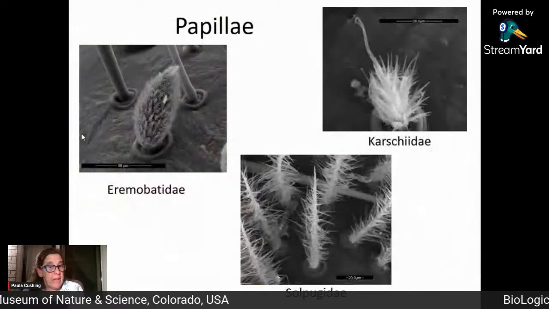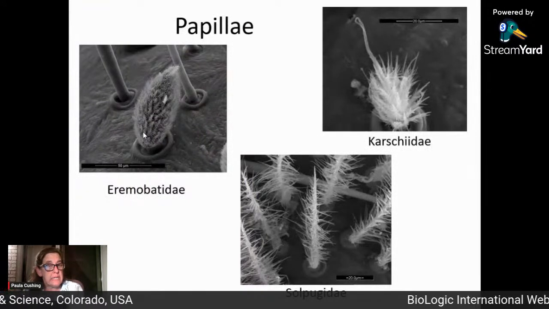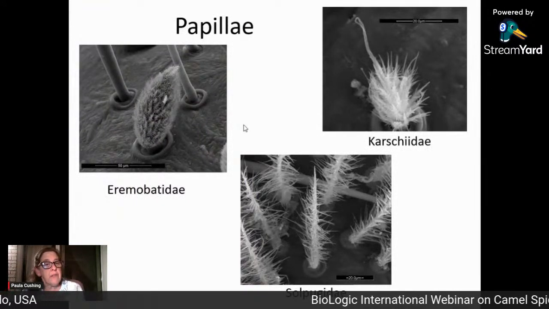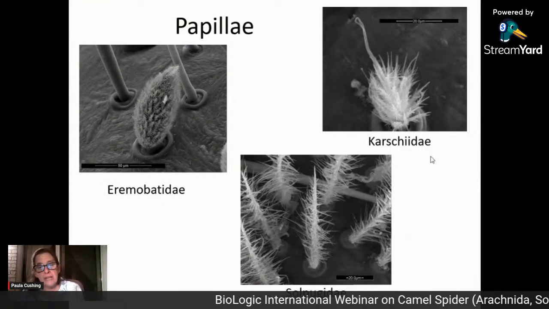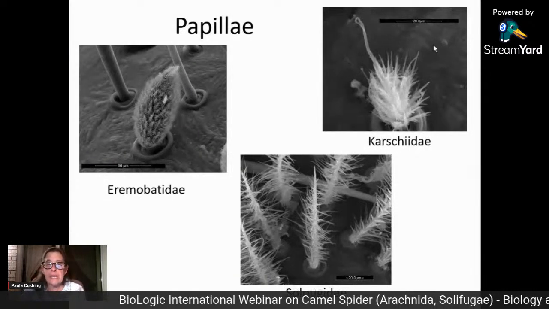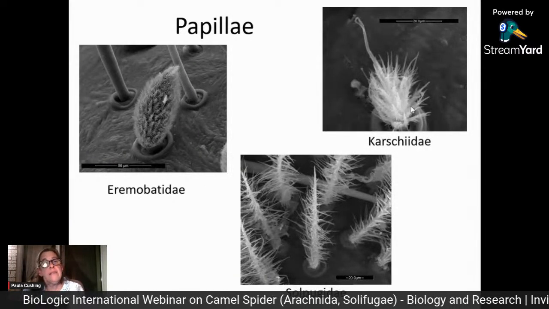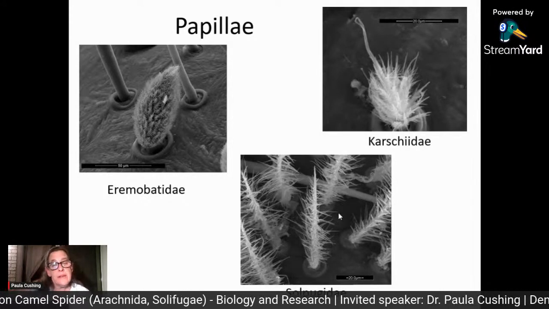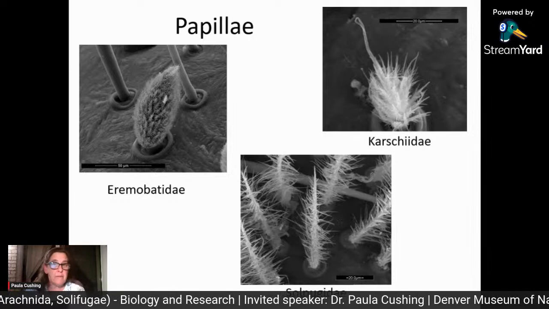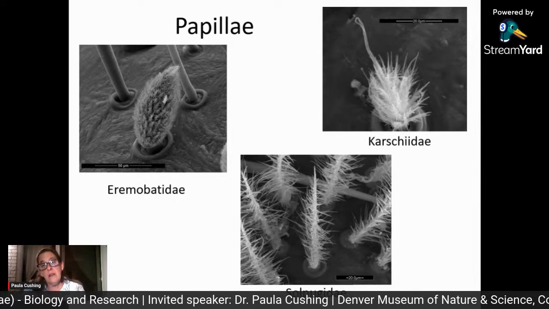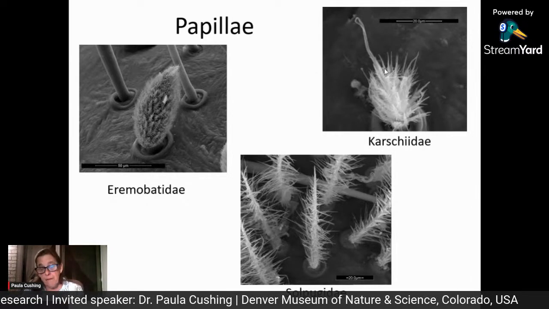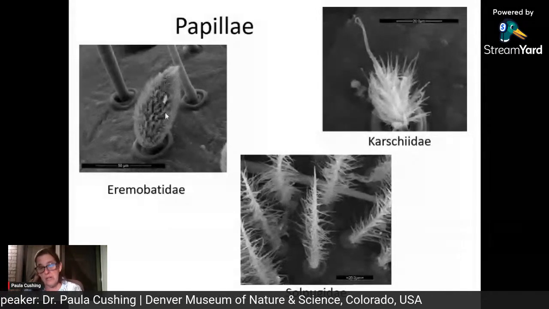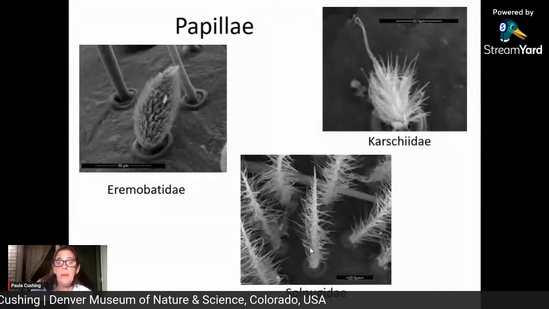The three families in which we see these specialized setae are the Ammotrechidae, Karschiidae, and Solpugidae. In each of these three families the papillae look quite different, so they are diagnostic at the family level. Karschiidae papillae look very different from Ammotrechidae papillae, which look very different from Solpugidae papillae.